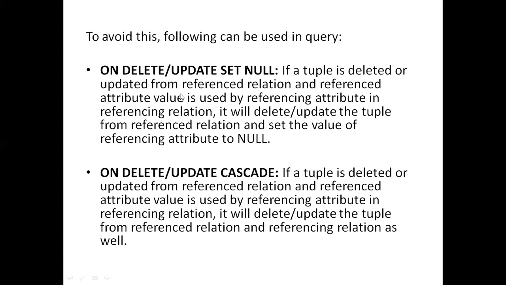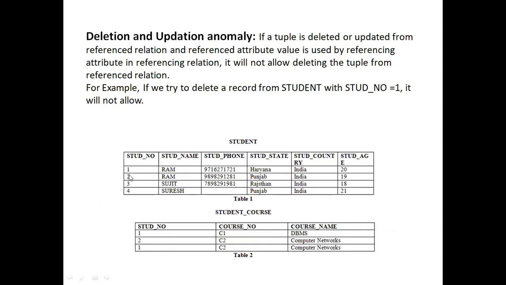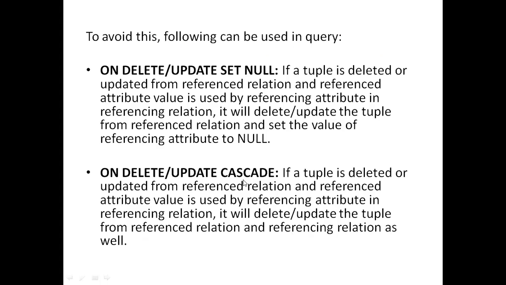If a tuple is deleted or updated from the referenced relation, and the referenced attribute value is used by the referencing attribute in the referencing relation, whatever value is referenced will be taken, and it will delete the tuple from the referenced relation and set those values to null. That means if I am deleting this one, it is going to be deleted from here, and here it is going to be marked as null and null. The referencing table is going to maintain it as null.